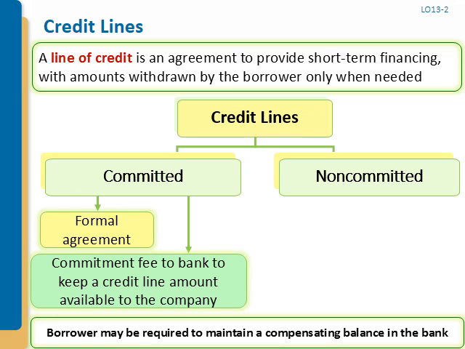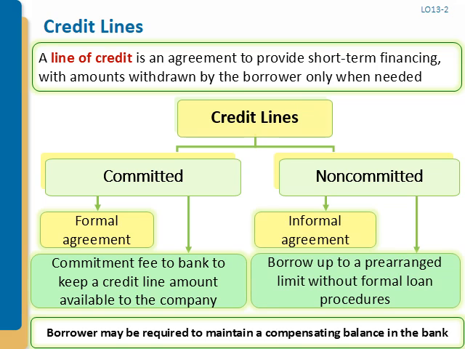Lines of credit can be non-committed or committed. A non-committed line of credit is an informal agreement that permits a company to borrow up to a prearranged limit without having to follow formal loan procedures and paperwork. A committed line of credit is a more formal agreement that usually requires the company to pay a commitment fee to the bank to keep the credit line available to the company.